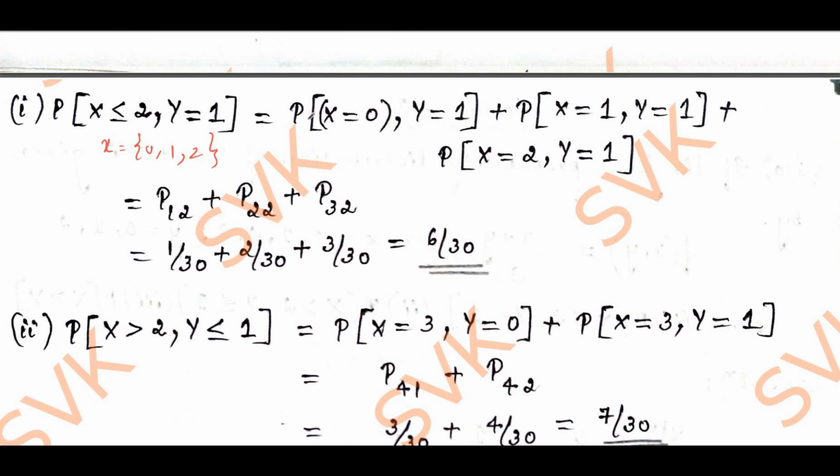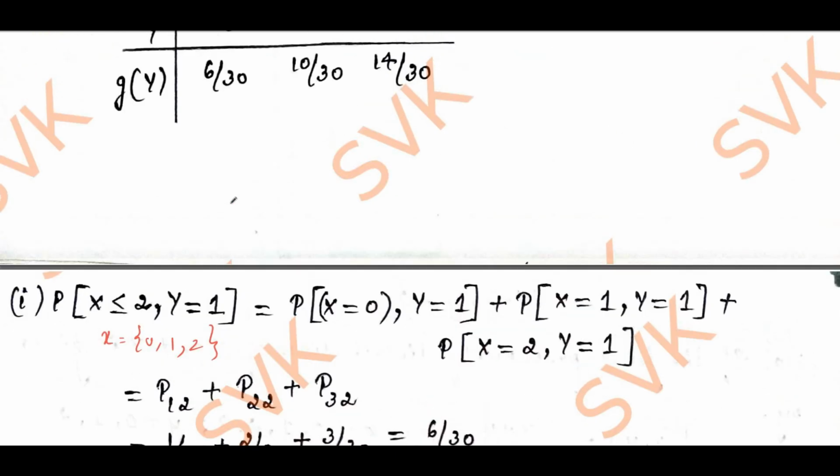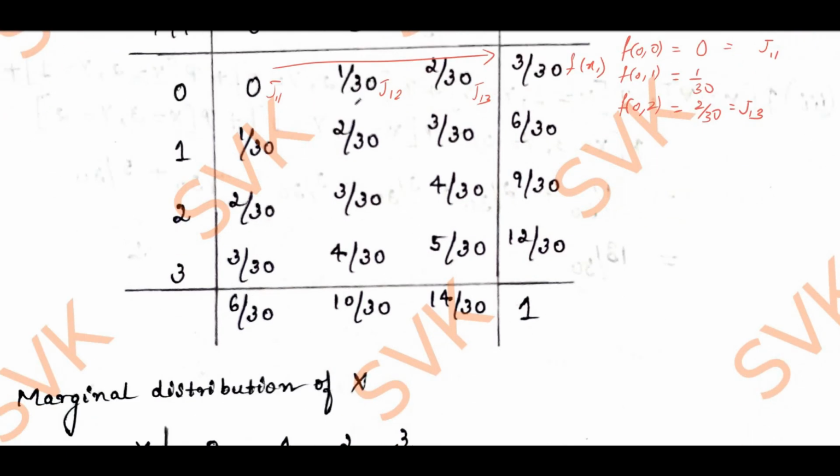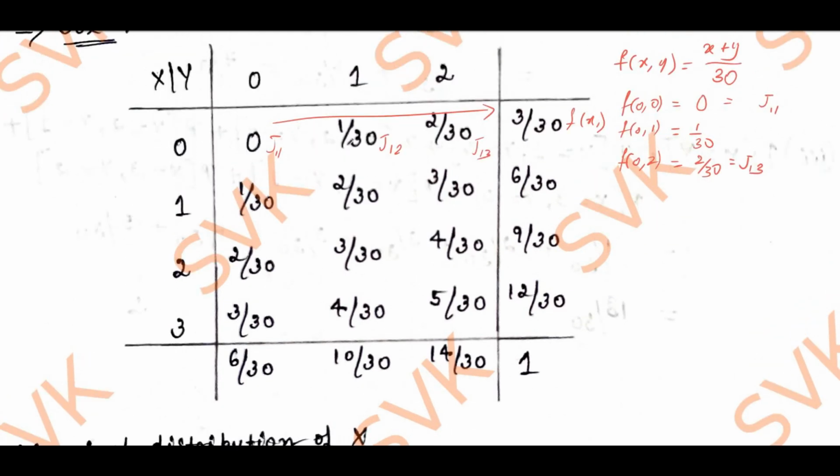So we need to find the probability when x equal to 0, y equal to 1, plus when x equal to 1, y equal to 1, plus x equal to 2, y equal to 1. Instead of j12, I have taken p12 here, which is j12, given by 1 by 30.